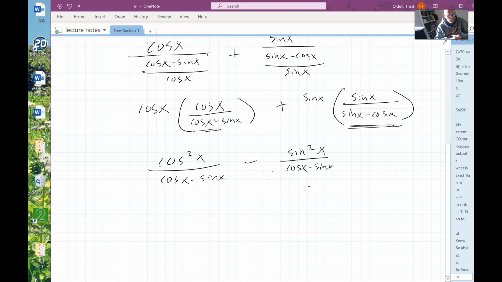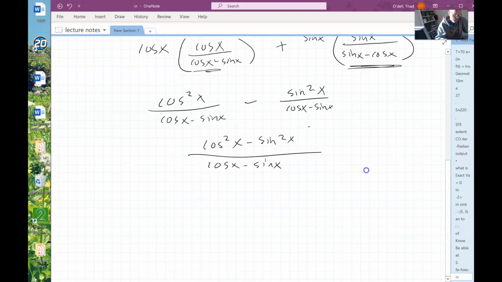Now they have a common denominator, so I can go ahead and add them together, and I get cosine squared minus sine squared. On the bottom, now I have cosine x minus sine x. And this is maybe a point where people get stuck. They're not sure what to do here, but notice the top is a difference of squares factoring pattern, so I could factor this into cosine x minus sine x times cosine x plus sine x.